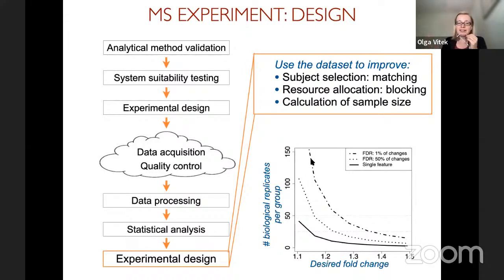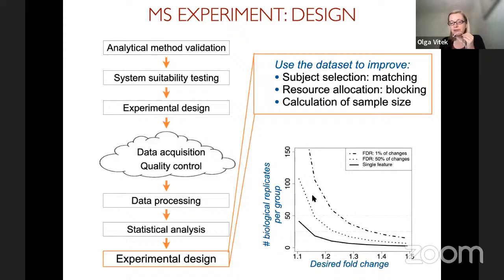So this is another way to think about discovery versus confirmatory targeted experiments: the more we are exploring and the less we know about our data, the more sample size we need to ensure the same control of our error rates. Alternatively, you can have a smaller sample size and have larger error rates.